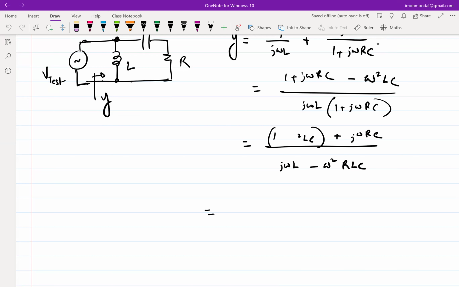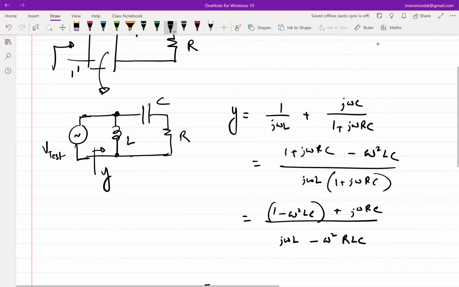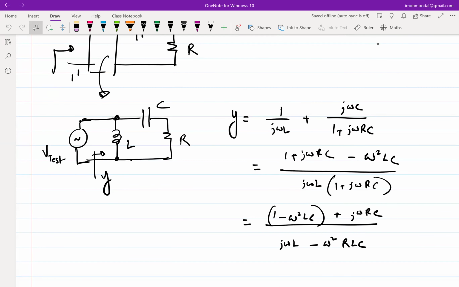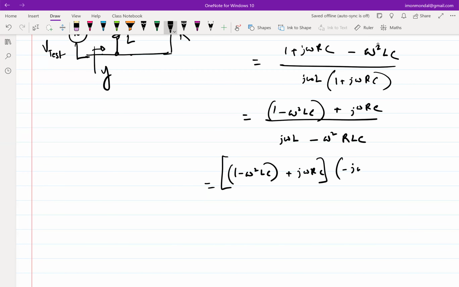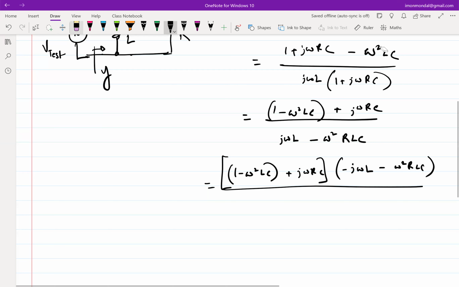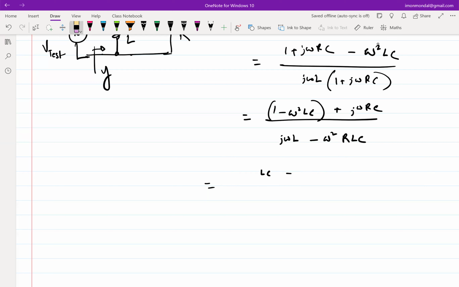This is 1 minus omega square LC. I don't need to carry that j omega L everywhere, so I can simplify my life. I'll just keep this j omega L as is.